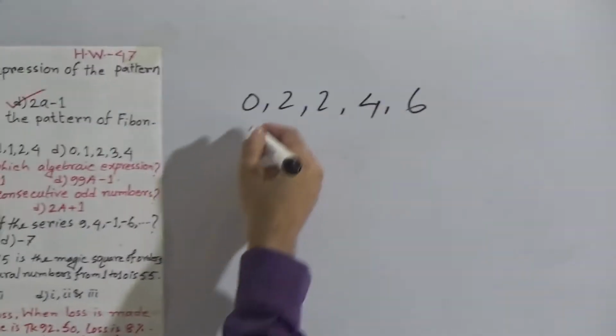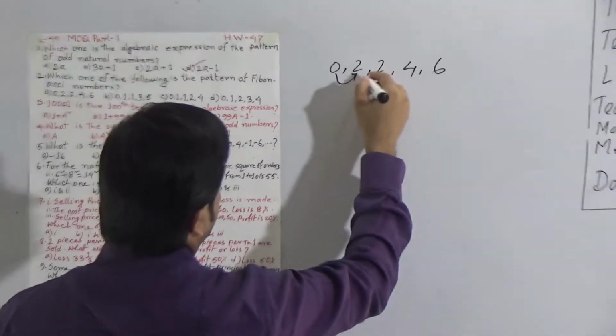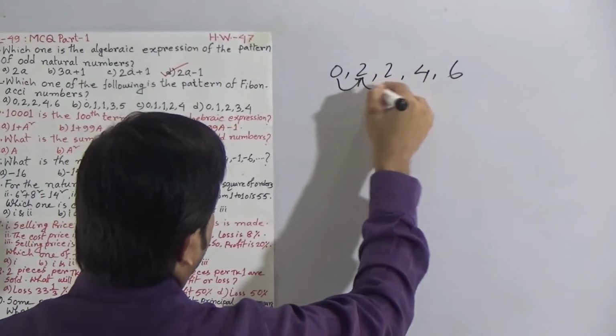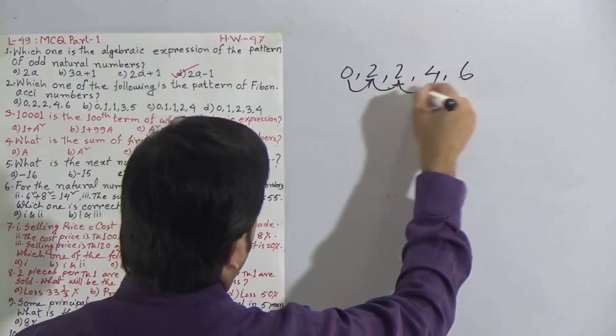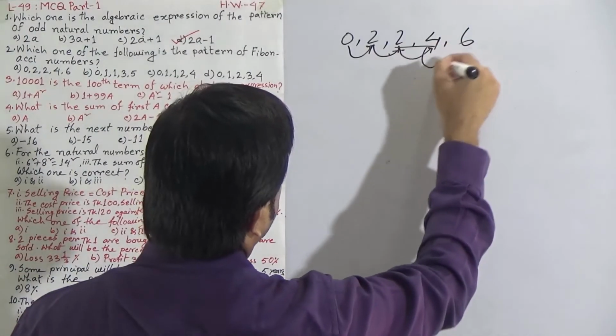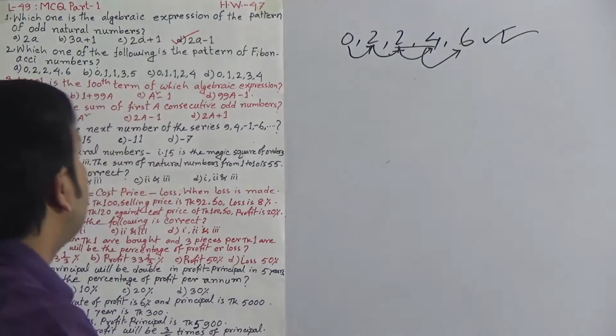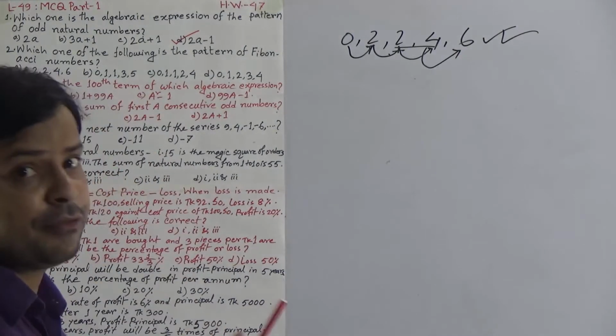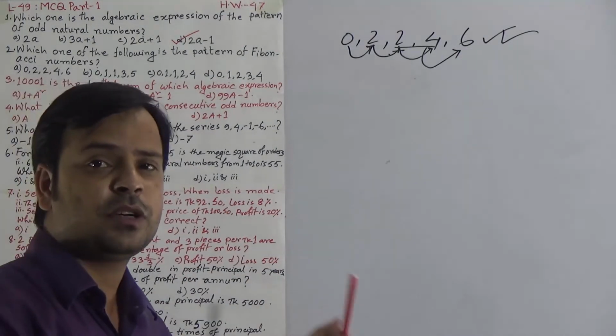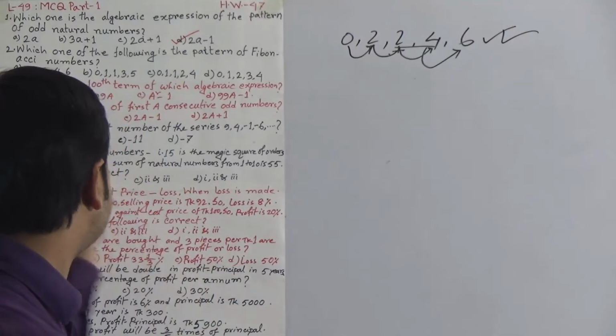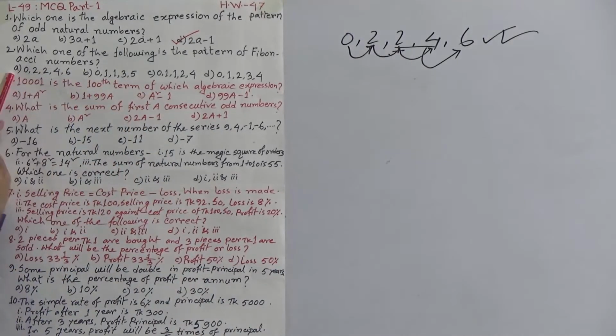Now see here, sum of these two numbers is 2 and sum of these two is 4. Now sum of these two is 6. It means that this pattern follow the characteristic of Fibonacci numbers. So Fibonacci numbers form the pattern, that is A.